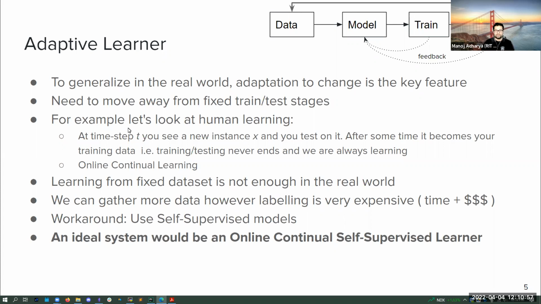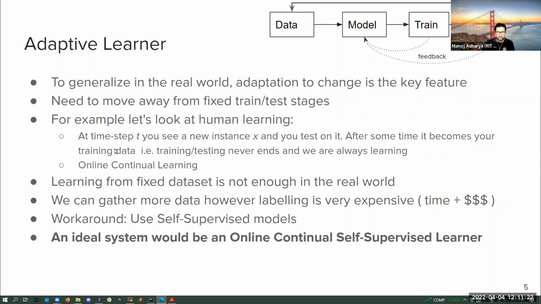But immediately after that time step, it becomes your training data, right? So there is not a fixed train and test, but instead it's like a never-ending process where the agent is always learning. And so this points towards online continual learning, where the learning never stops and it keeps on going forever.